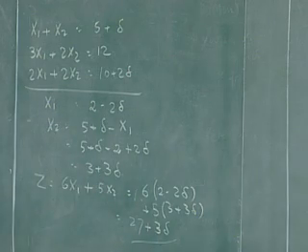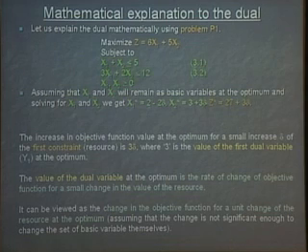So let us go back to this. Now the increase in objective function value at the optimum, the most important thing is the term at the optimum. The dual has a meaning at the optimum. It actually does not have a meaning at other places other than the optimum. It also has a good physical interpretation which we will see later, but right now we are considering all these at the optimum.